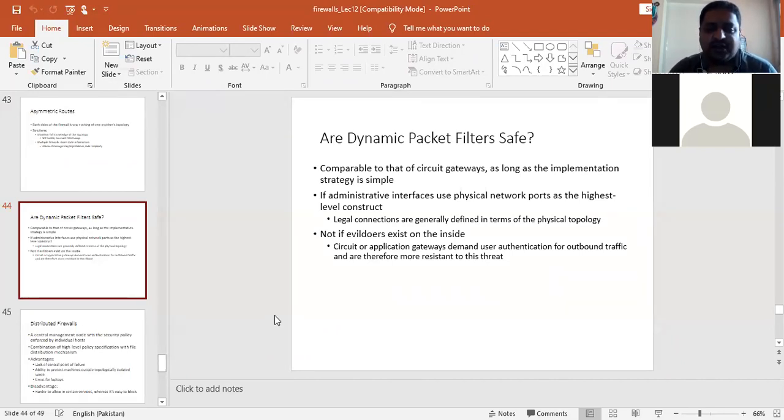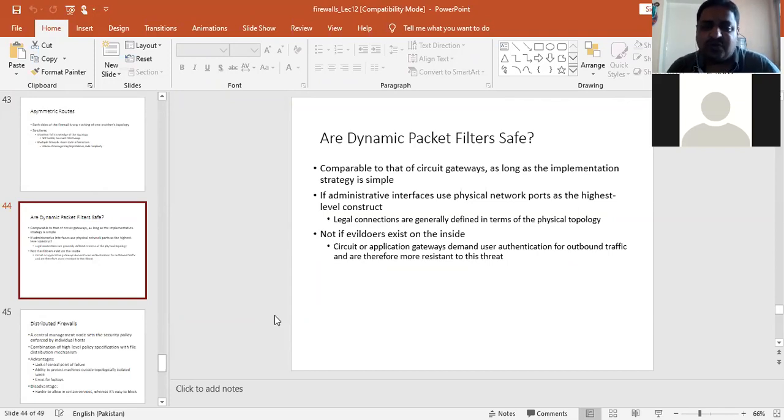So that depends on whether, if we are using dynamic filtering, it is a safe method for the data to be sent to another system or not. For example, if we don't want to give a user access to a particular application, then we are using dynamic filtering, for example packet filtering as well as application filtering.